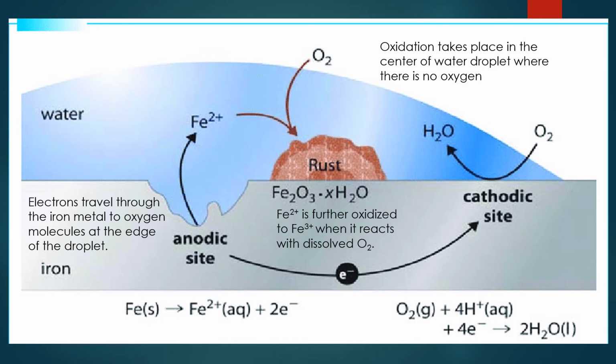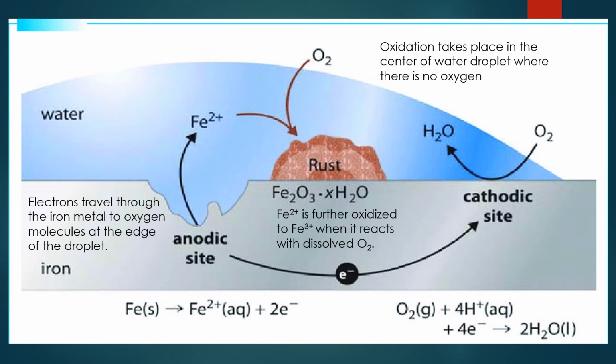So we don't just have this blue water droplet sitting on top of your bike chain. That iron 2+ is further oxidized to iron 3+ when it reacts with dissolved oxygen. Then that iron 3+ goes on to react with oxygen further and forms Fe2O3 mixed with water. And that's actually what rust is.